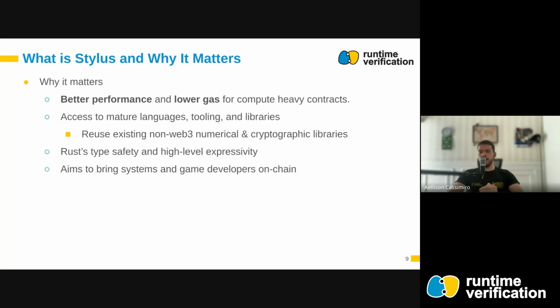And this strategy aims also to bring different ecosystems and developers of different backgrounds, providing an easier way for them to come into the Arbitrum ecosystem and become smart contract developers as well.